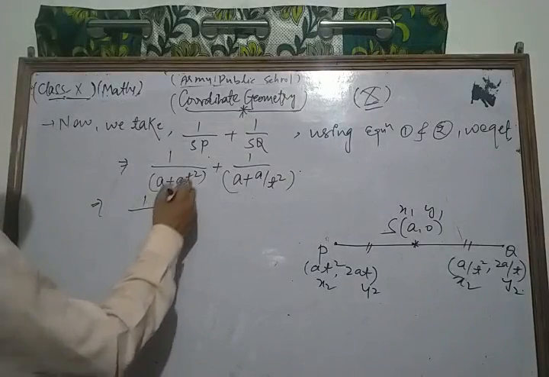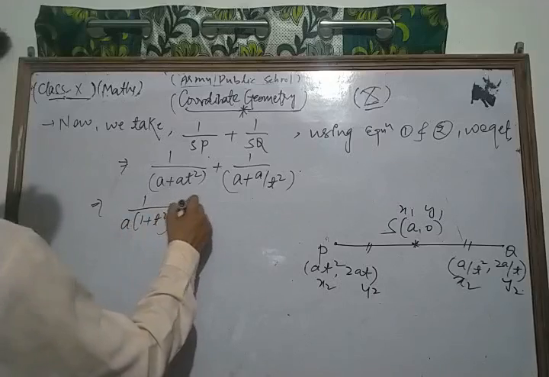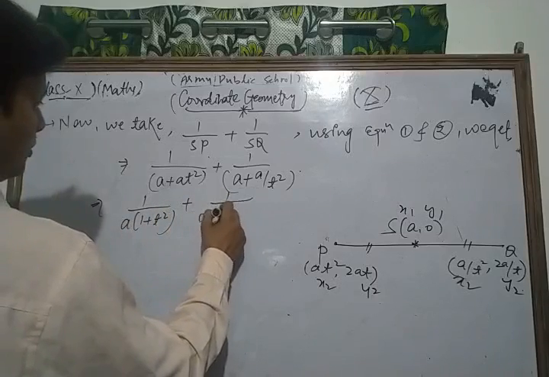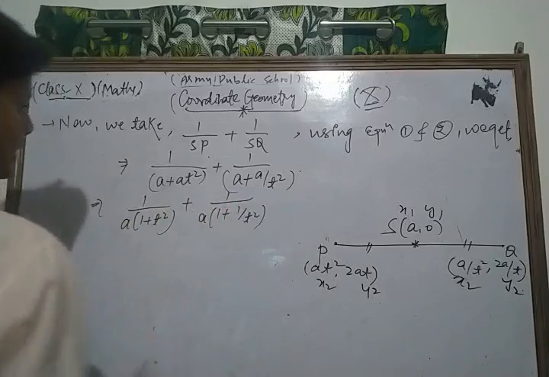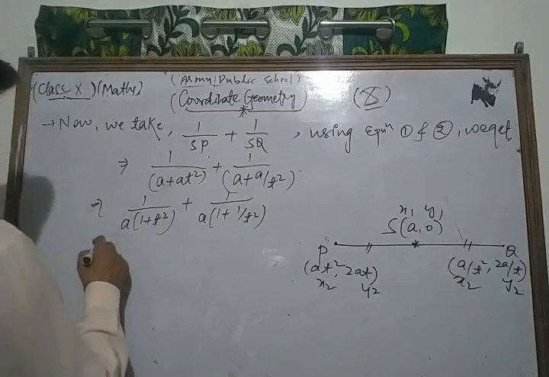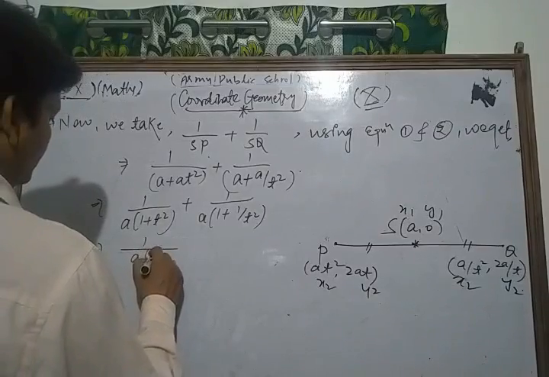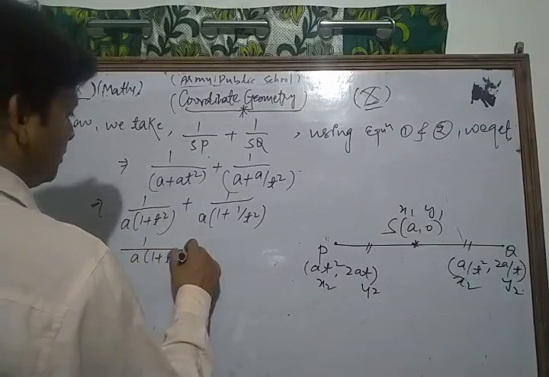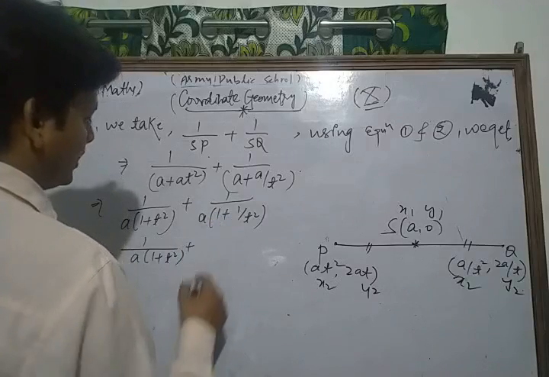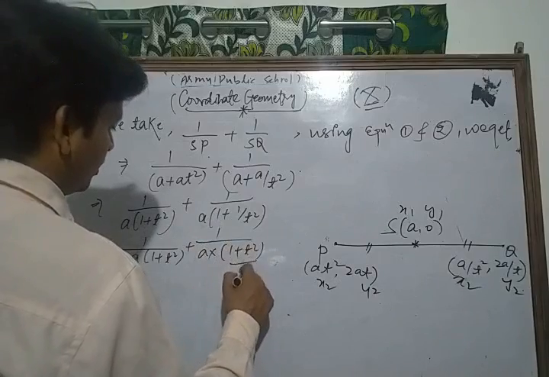So we get 1 upon, taking a as common, 1 plus t square, and from there we take a common, 1 plus 1 upon t square. Now we simplify them. So we get 1 upon a into 1 plus t square plus a. We take t square as LCM. So we get a into 1 plus t square upon t square.